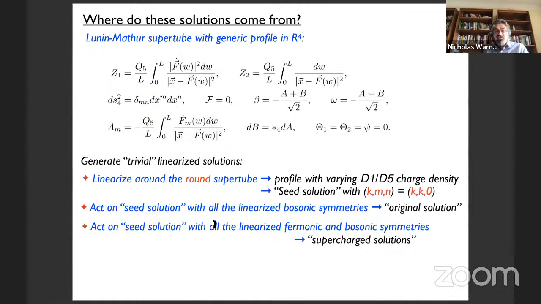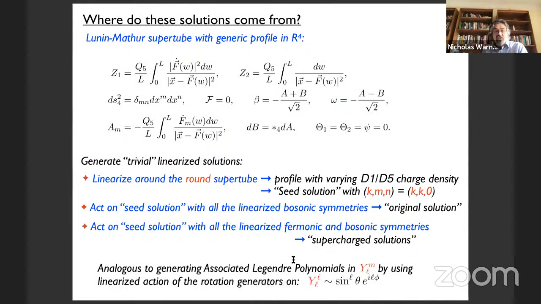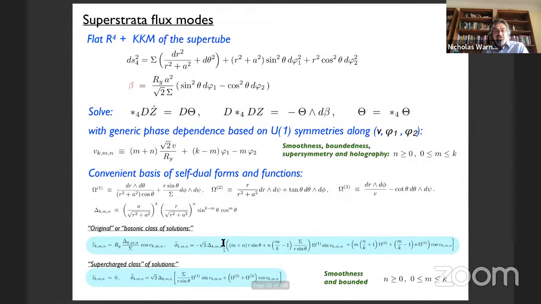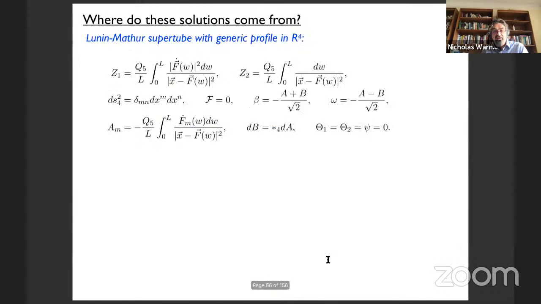And then you can act on it with these symmetry generators and just rotate them, and it makes another linearized set of solutions. And those solutions are precisely what I exhibited before. So a way you can think about this, and the way I think analogously about it, is that the previous, let me back it up, these solutions are obtained from some deltas that look like this, and then they basically get some phase dependence.